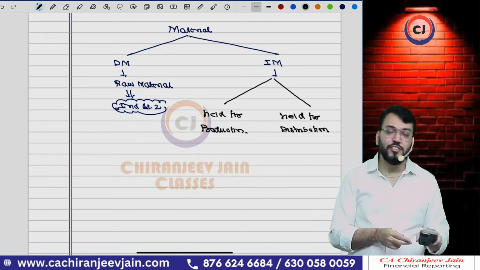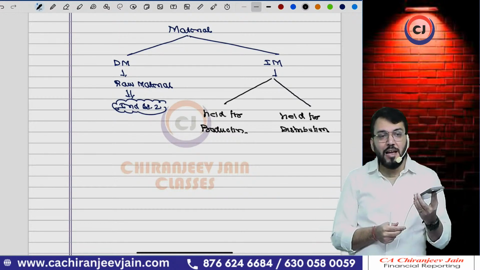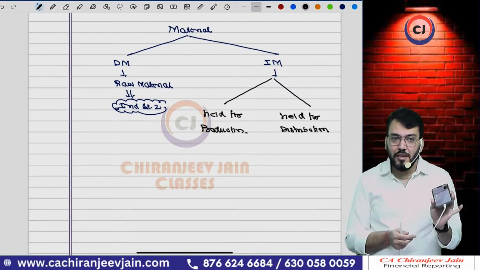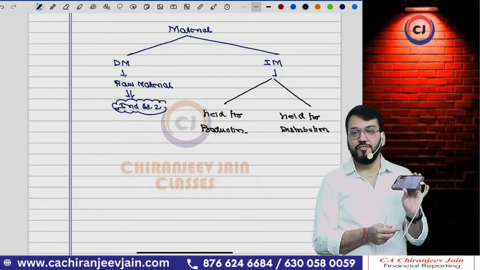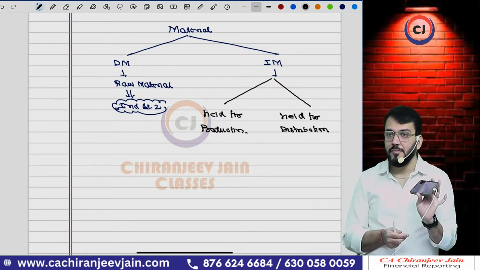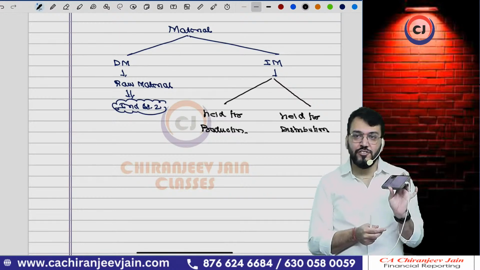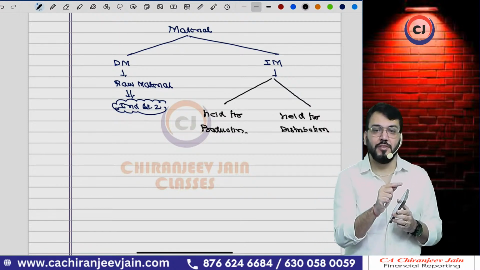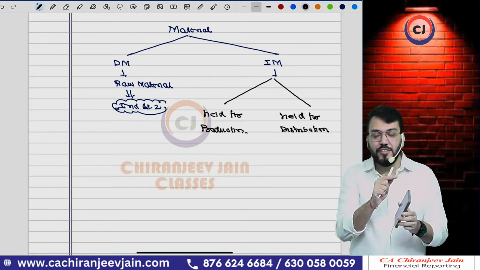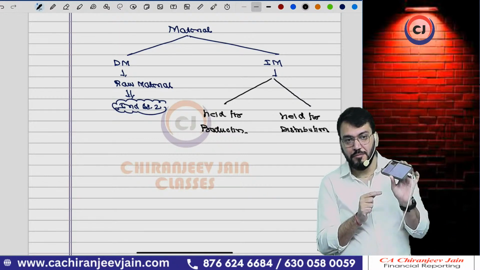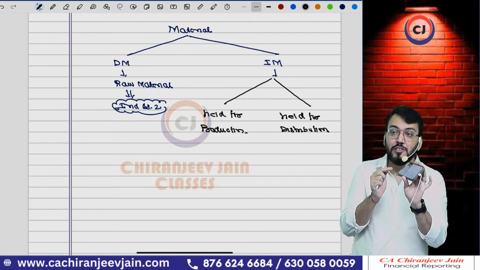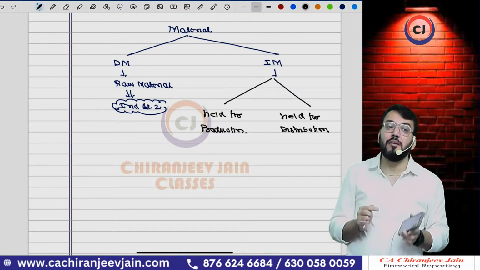Suppose we are manufacturing this mobile. So mobile production is completed. Can you sell without packaging? There is one primary packaging. That primary packaging is a part of production. That is held for production only. Without that, it cannot be sold in the market.